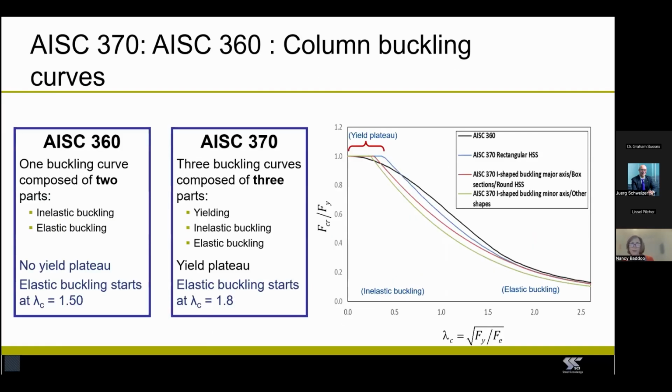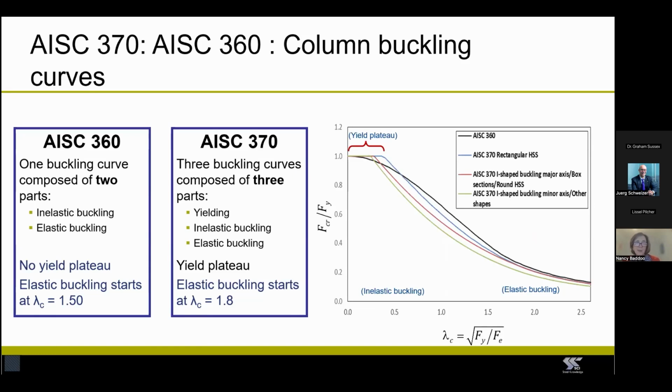Here I am showing buckling curves for columns, and I'm showing a lot on this slide, and there isn't time to take you through all of it, but I've shown in black the carbon steel buckling curve, which is one buckling curve in AISC world.